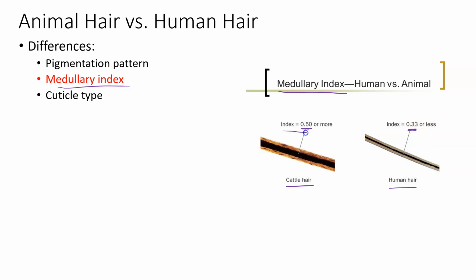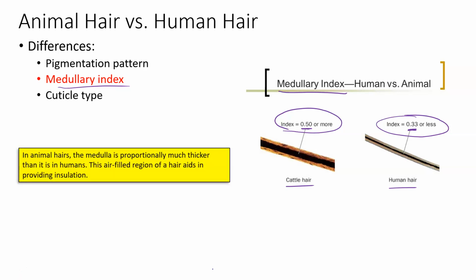Animals have bigger medullas. Humans have smaller medullas. Okay? And that's just a simple scientific fact. We know that. We've done medullary index studies on different types of hairs, different animals, and we know that to be true. So, in animal hairs, the medulla is proportionally much thicker than it is in humans.